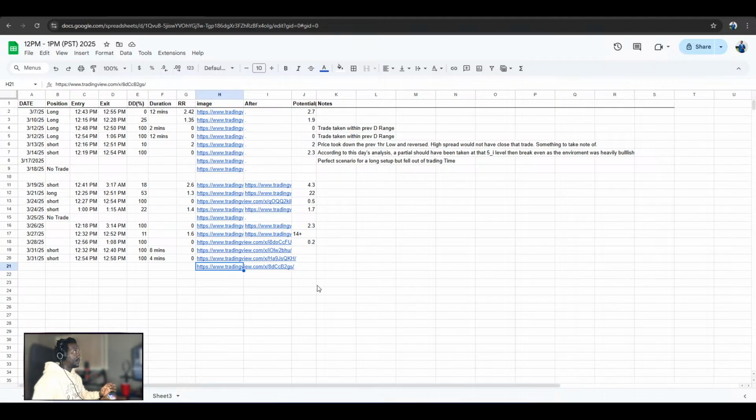So the expansion of that 1 hour candle, that 12 p.m. to 1 p.m. PST candle, is what I'm focusing on. And I feel like there's so much that you can do around that 1 hour, so I don't need to think about doing anything more than that.